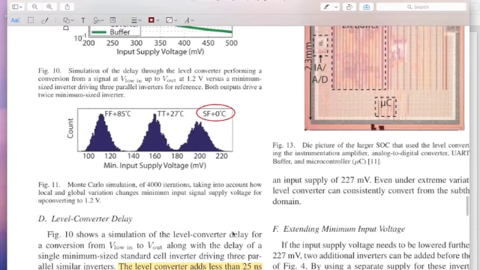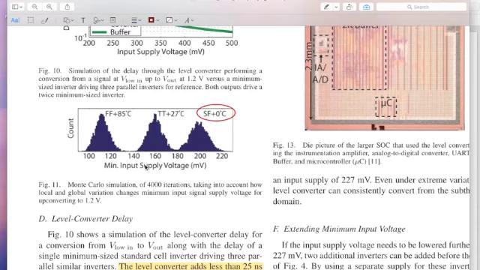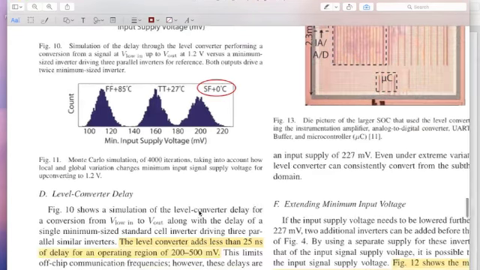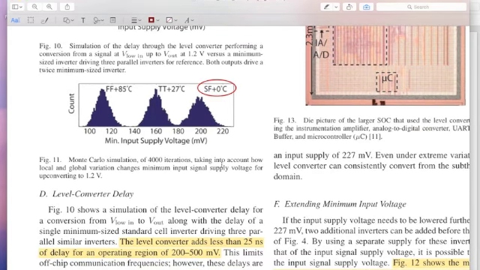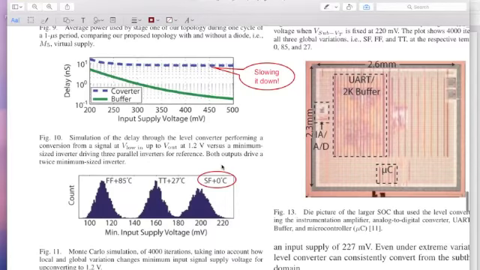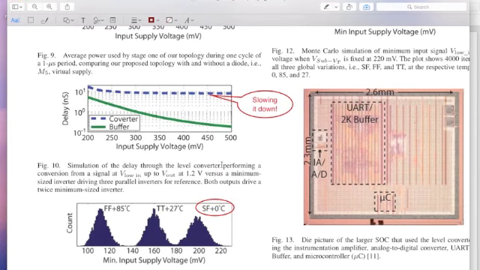Now the thing is that when they do the analysis out here, you have to analyze and look at what is the worst case condition for this level converter. Where is it going to break? Under what condition? Whenever you do a design, you have to look to see what the weak points are. How do you break the design?